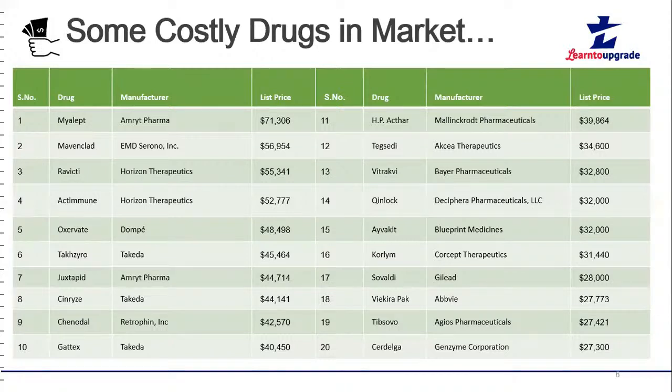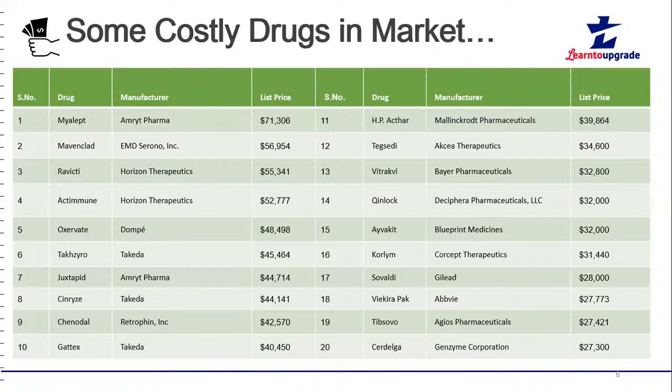It is an injection every week or so; we need to get 2 or 3 injections of about $7,000 each. It is for a rare disease, but still you can see the cost per month. I don't think any normal middle-class individual can afford this much.